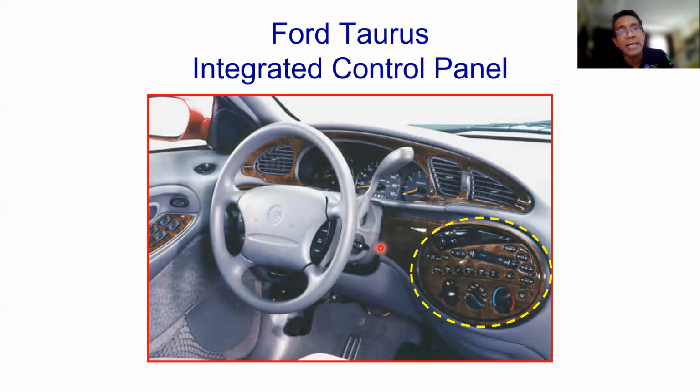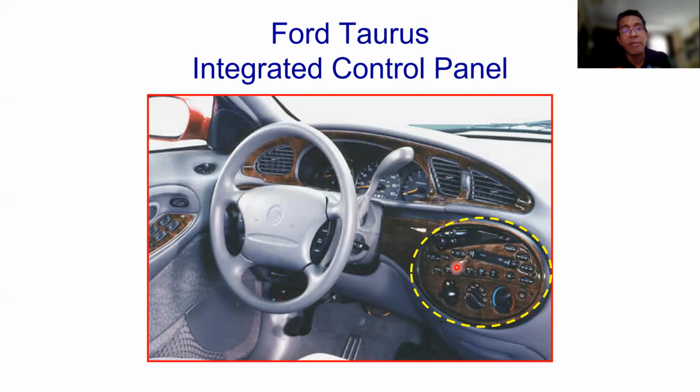When you buy a car, they have a panel here. Some panels have a shape but don't have any function. That is called add-ons. So when you buy, you add accessories for your car, so you pay some money. There is an integrated control panel where you can add everything. Very stylish.